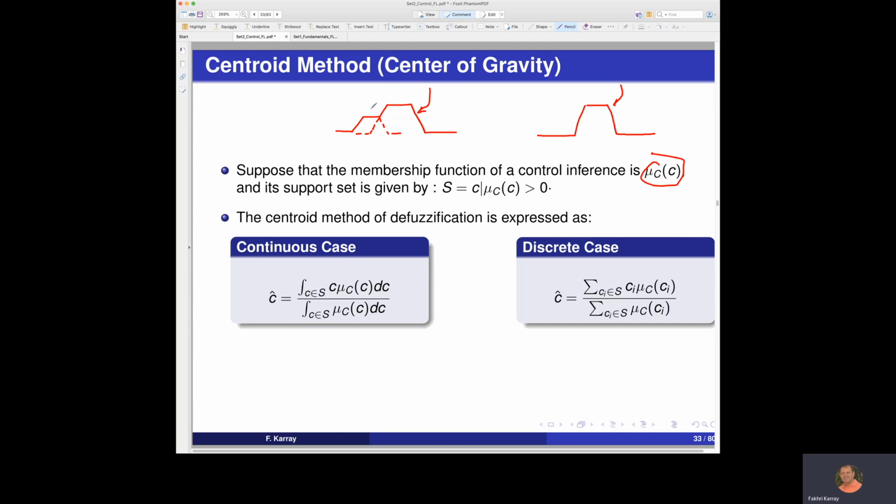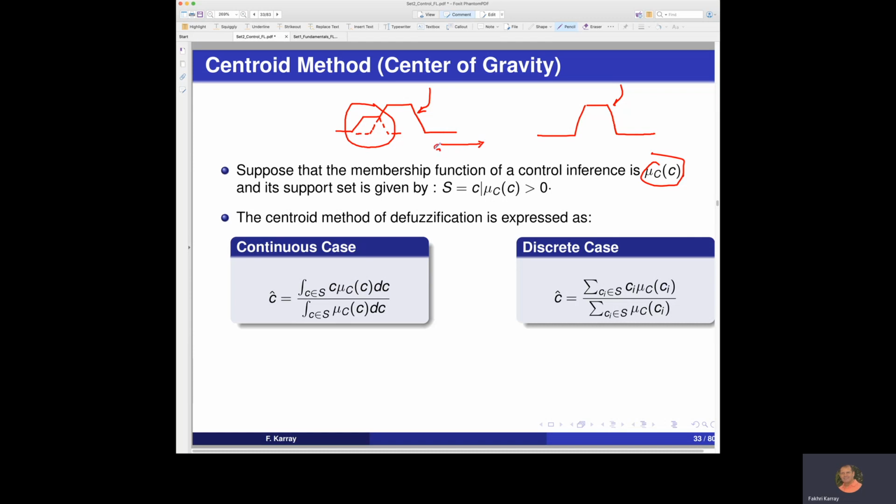So what we do, basically, we take this part here, its membership function here. This is an integral value, as you can see, and then we compute its values for C. So we are integrating the value of C. C is basically the variable of the universe of discourse.